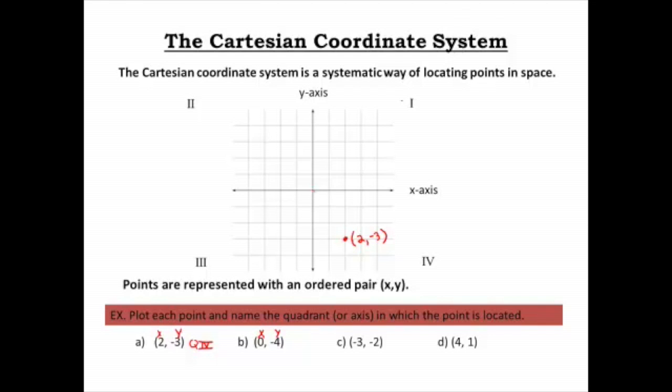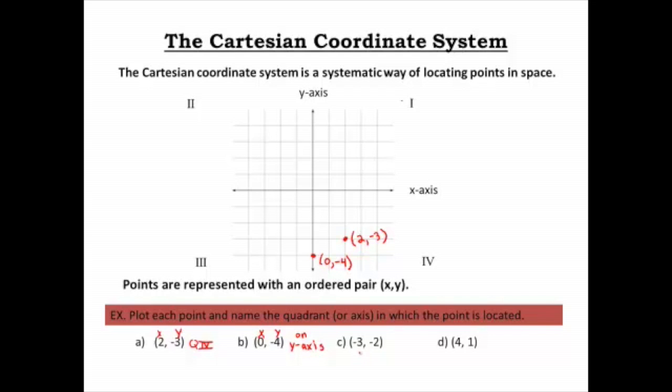Then a y-coordinate of -4 means you go down 4: 1, 2, 3, 4. Since we didn't move left or right, this point ends up being on the y-axis itself.